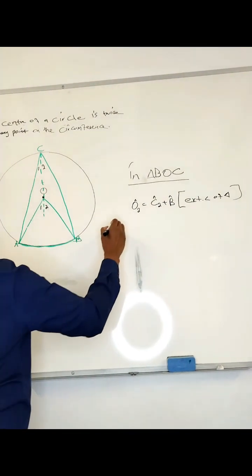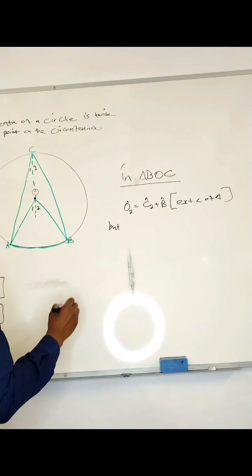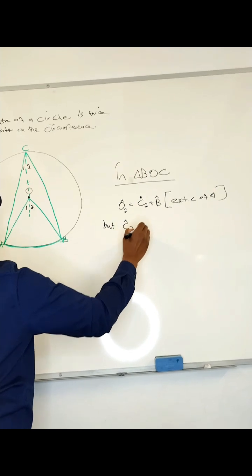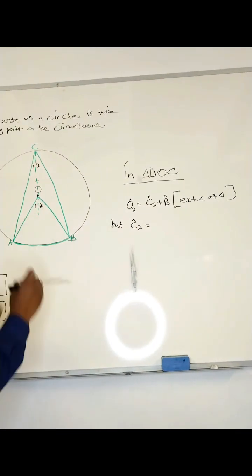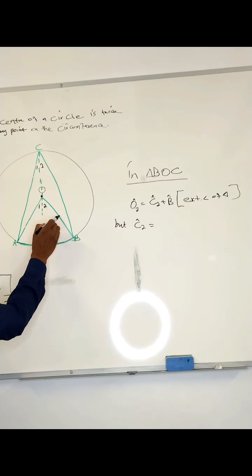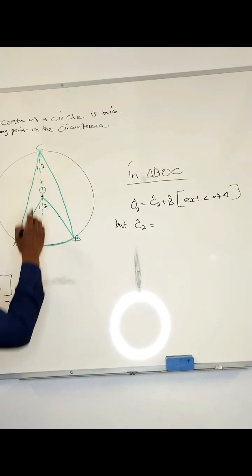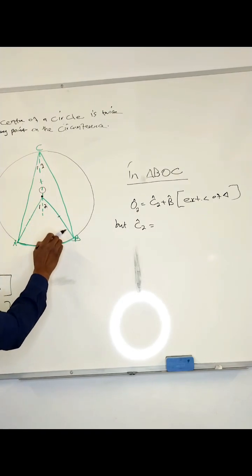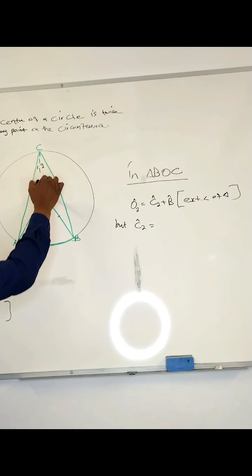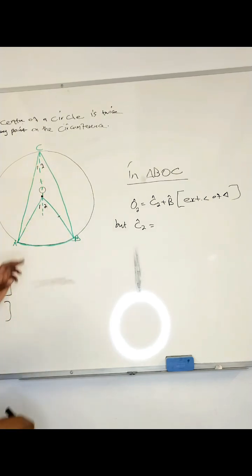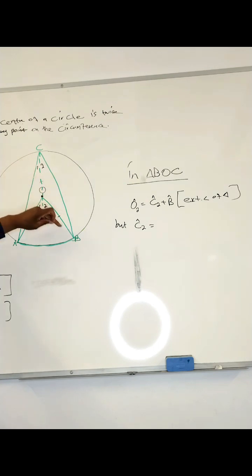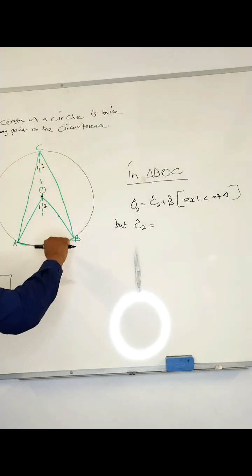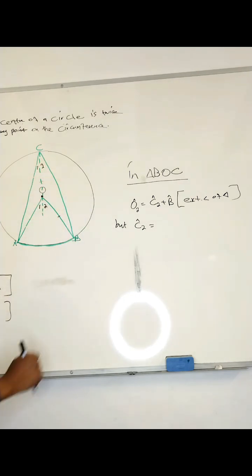But C2 is equal to what? Since we know that this line is equal to that line on this triangle, both of them are radii. So they are equal, meaning this is an isosceles triangle. If it's an isosceles triangle, their base angles are equal.